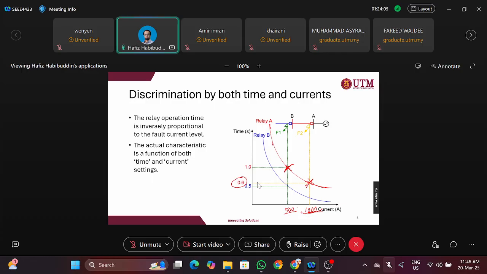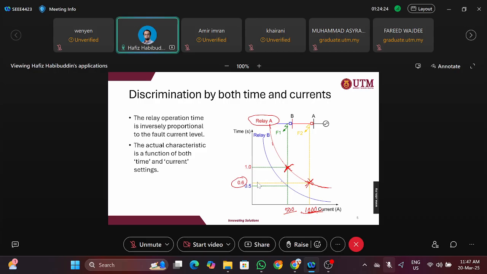But if you notice, this relationship is just for relay A, and also for relay B. But if you compare these two, not necessarily so. Why?